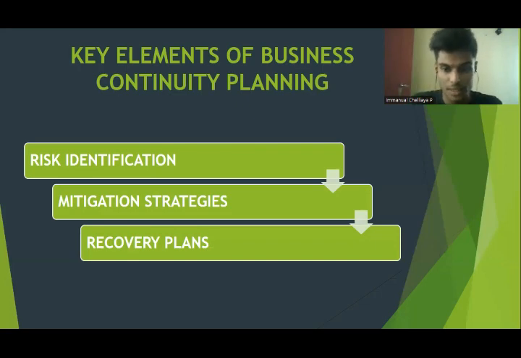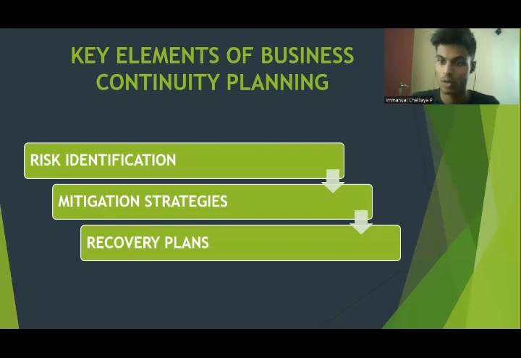Recovery plans are step-by-step action plans for resuming operations. If any event, disaster or problem arises in between the operations or activities of the business, a recovery plan or policy helps an organization come back to its actual position within a short period of time.